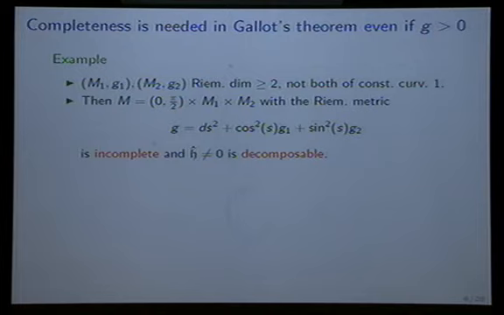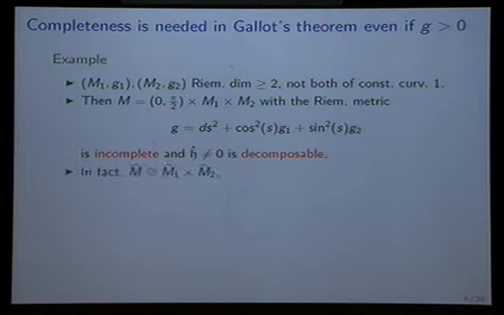In fact, the cone over this manifold M is decomposable, and the holonomy is non-trivial. So this gives an example of decomposable, non-trivial holonomy of a cone, a counterexample to Gallot's theorem if you drop the completeness.